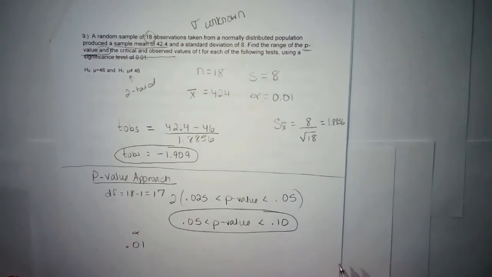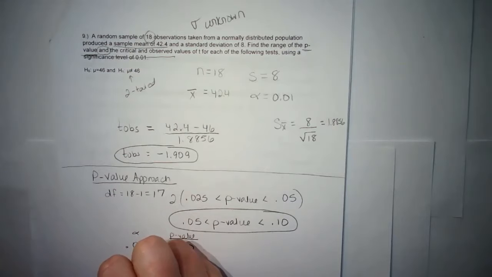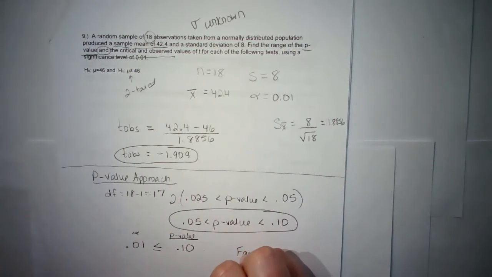Our biggest p-value is 0.1. So 0.01 is definitely smaller, right? So we are going to fail to reject.